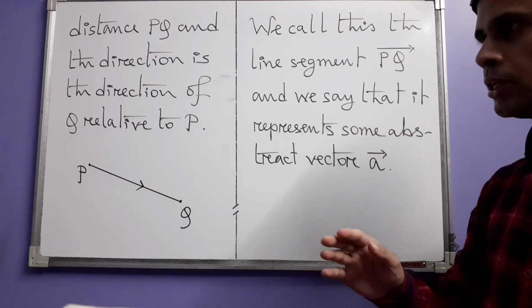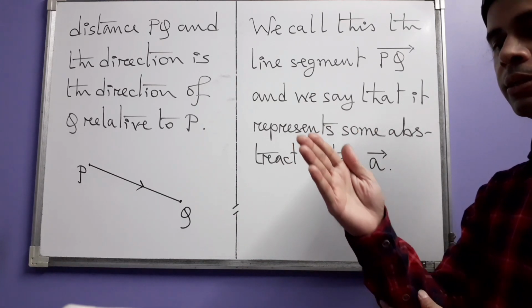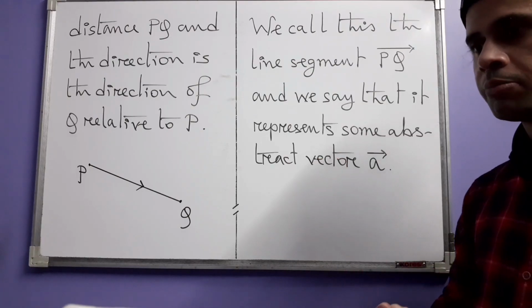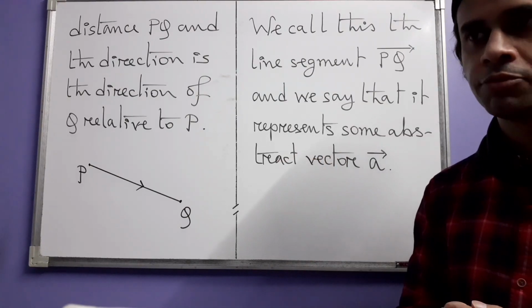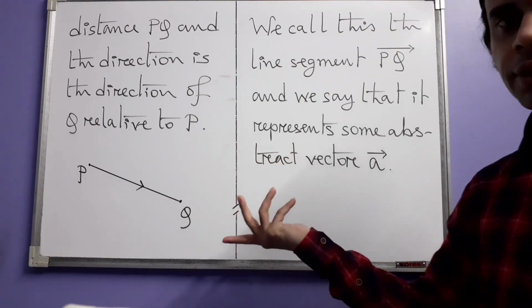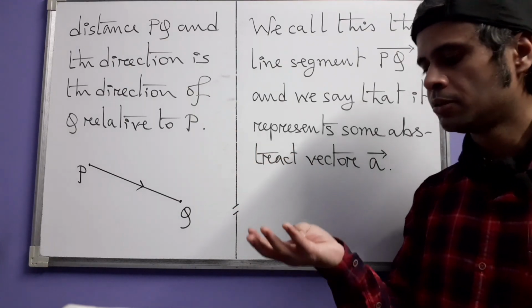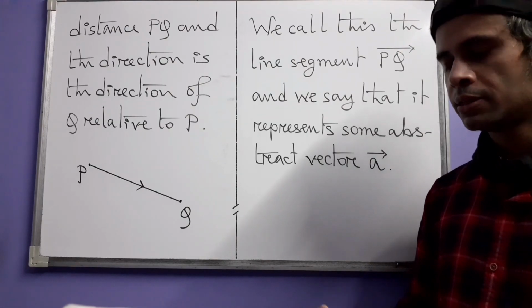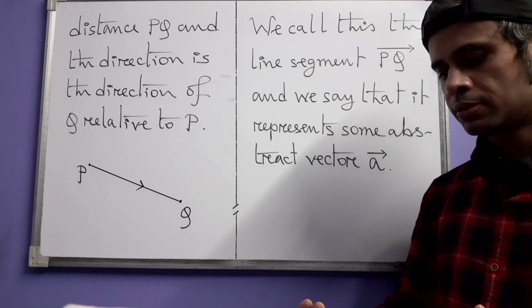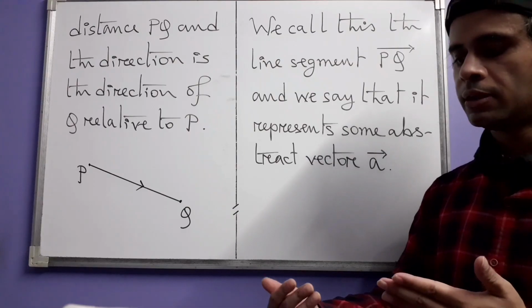Right now we are talking about physical vectors, which are quantities which somehow are related to our space. For example, you think of the vector quantities velocity, acceleration, force, right? We think of them as some kind of quantities which are having magnitudes.